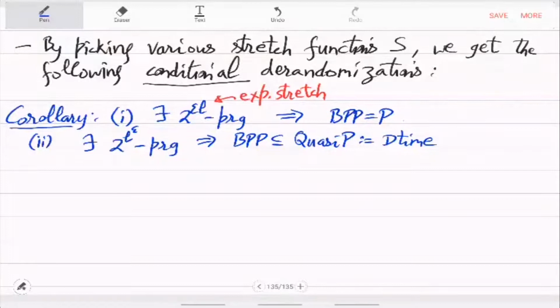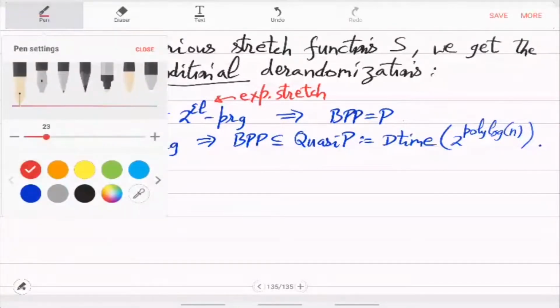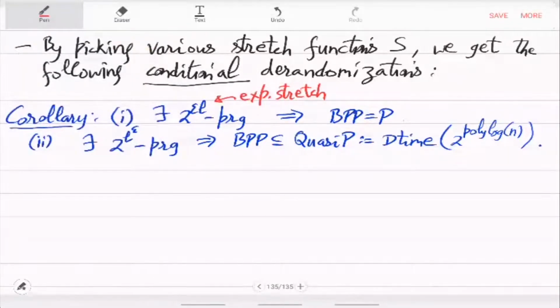This is 2 raised to poly log n. And the stretch that this is demanding is not exponential, it's we call 2 raised to epsilon L exponential. Here now you can use, for example, 2 raised to square root L or 2 raised to cube root L stretch. So you can call it sub exponential.